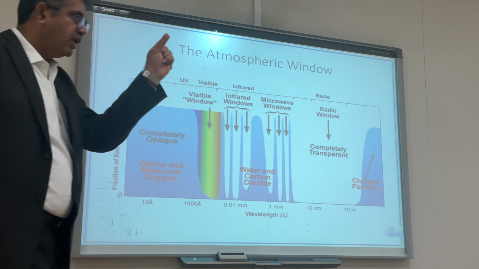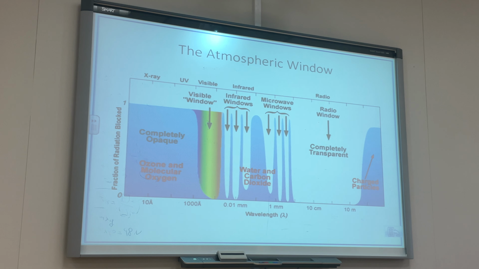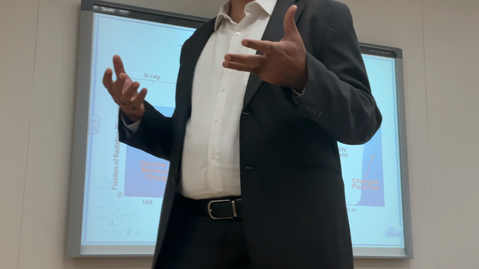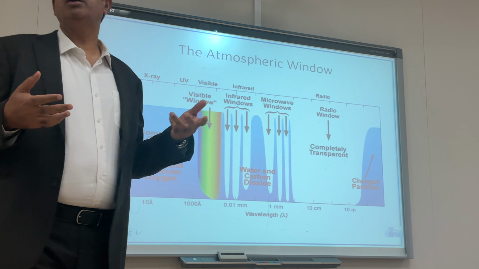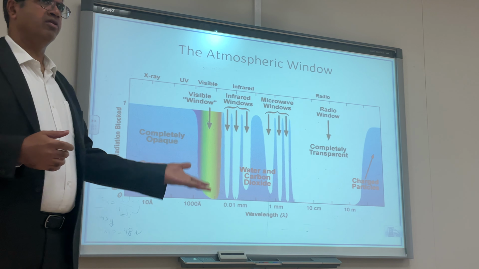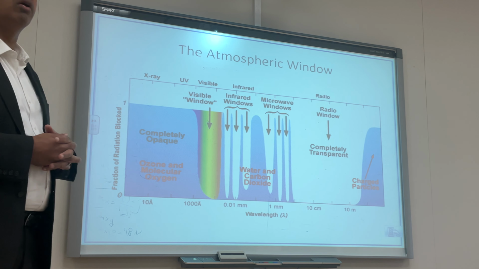Suppose a particular range of wavelength of electromagnetic radiation does not reach the surface of the Earth. If the scientist designs a sensor for that wavelength, it will be a waste, because that EMR is not reaching the surface of the Earth, so there will be no reflection, and they will not record anything.